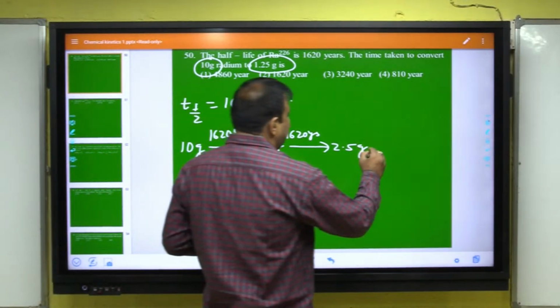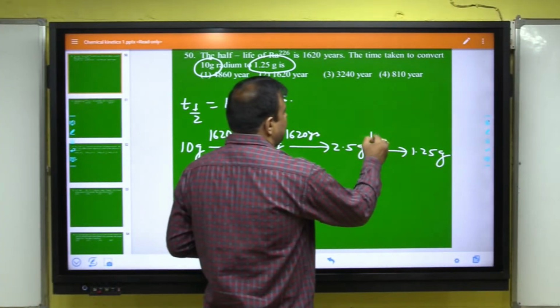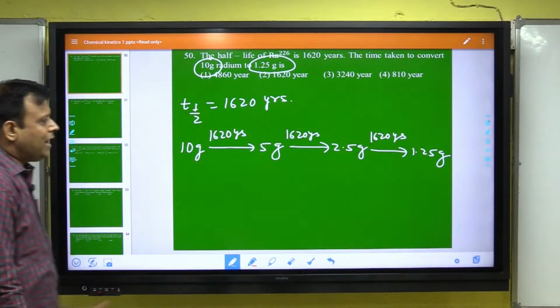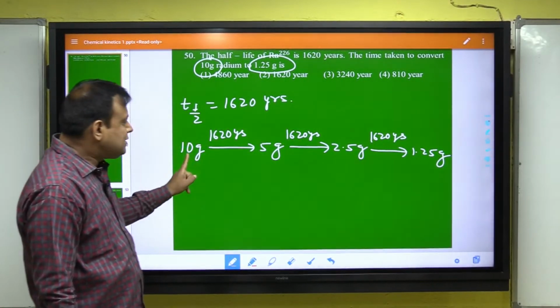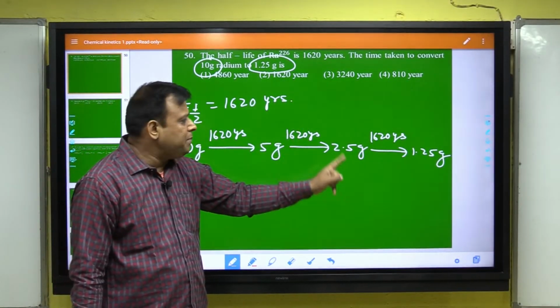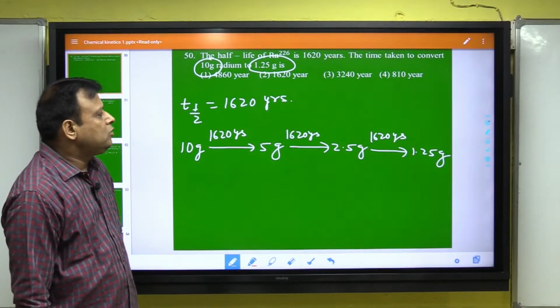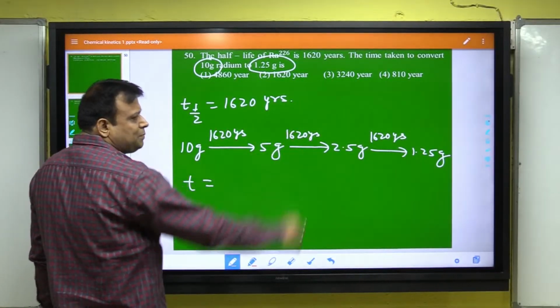When 2.5 converts into 1.25 gram, again 1620 years. Clear? That means 3 half-lives. First half-life 10 to 5, second 5 to 2.5, and third 2.5 to 1.25, and hence total time is this plus this plus this.